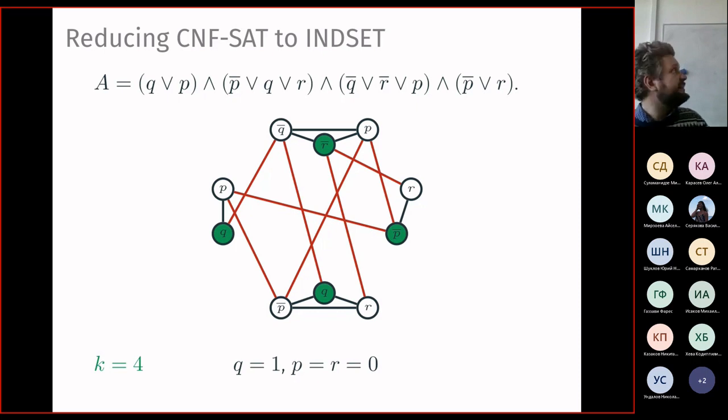Because int set is reduced to subgraph isomorphism by a trivial reduction. I have a graph, here denoted by G, I will name it H. And I have a number K, which is the size of the possible independent set.